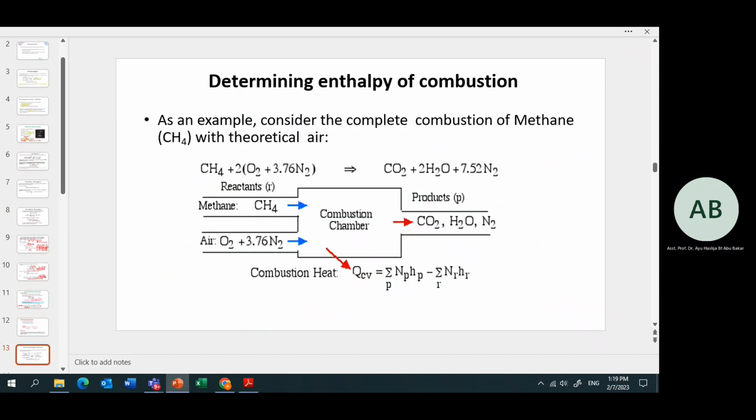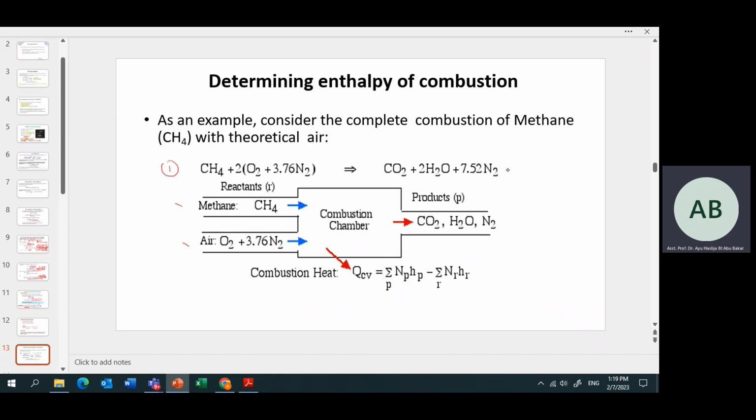Now, for example, we have methane as fuel. Assume complete combustion, so your products will be CO2, H2O, and N2. First things first, as we did earlier, you must generate the combustion equation in order to proceed with the enthalpy and heat calculation.